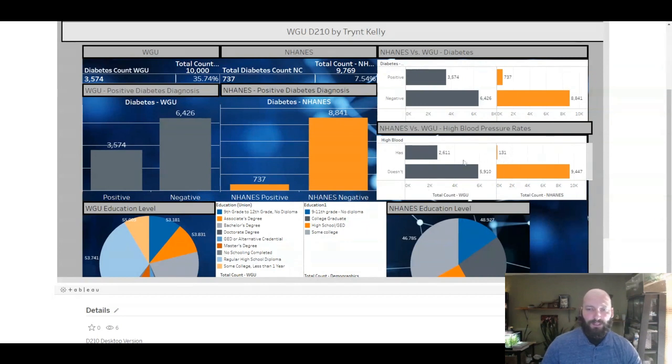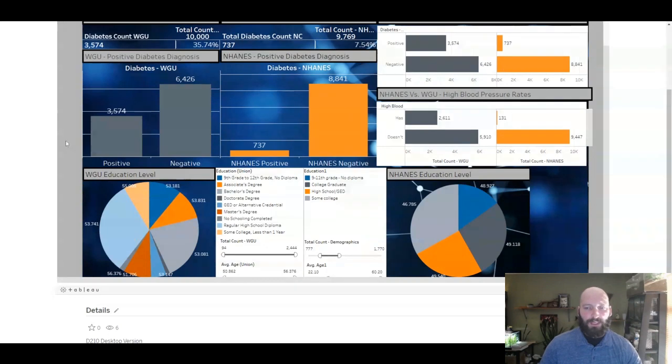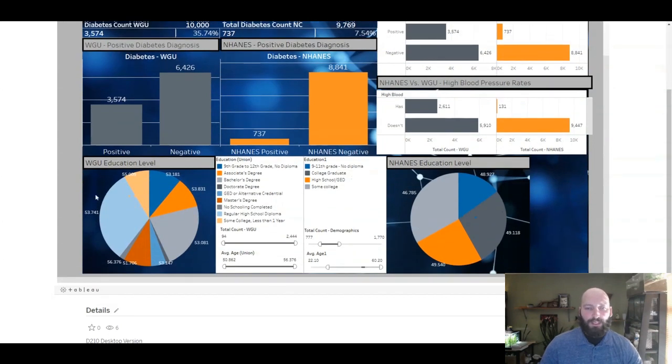Between diabetes and high blood pressure, since there are some commonalities there, and WGU is consistently higher in both of these variables, I would say there may be something worth investigating to ensure that we're pulling accurate and actionable information from our data.